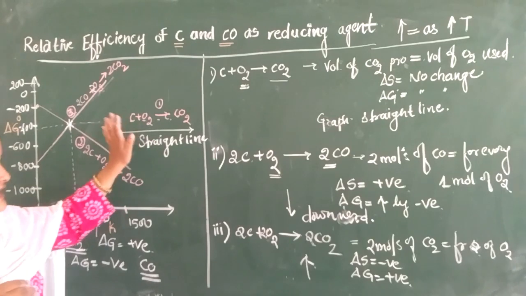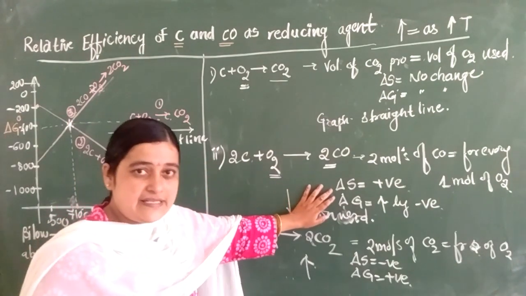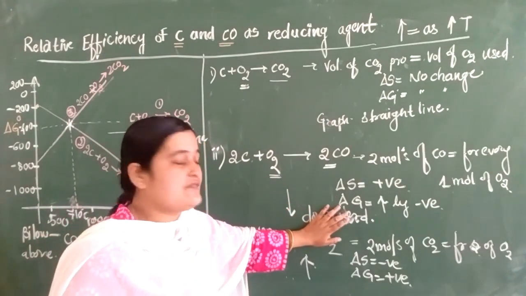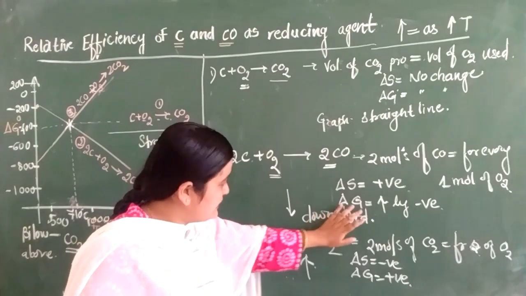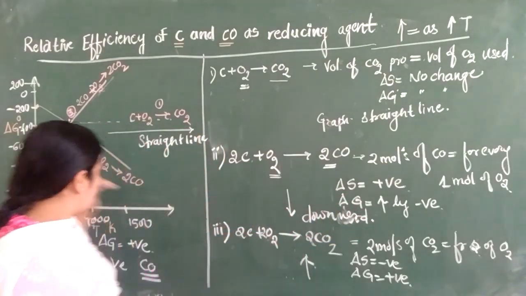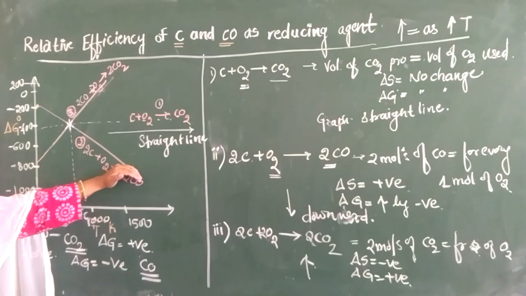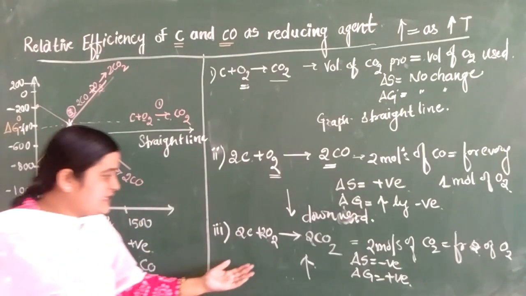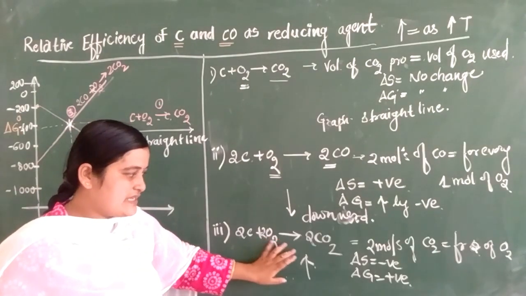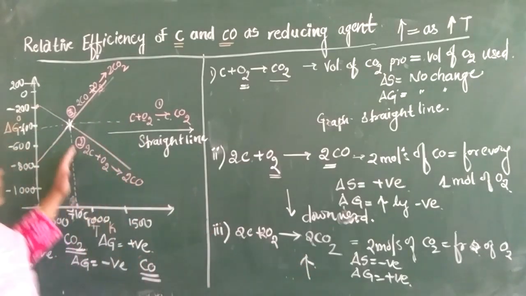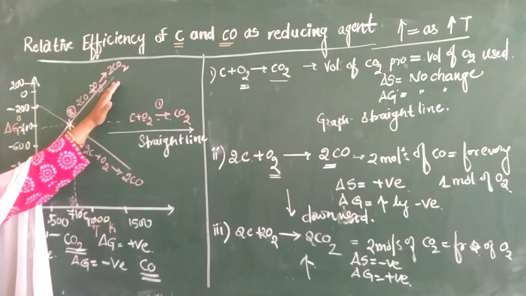In the second reaction, delta S, the entropy, is positive and delta G is increasingly negative, so the slope of the graph is downward. In the third reaction, delta S is negative and delta G is positive, so the slope of the graph is upward.